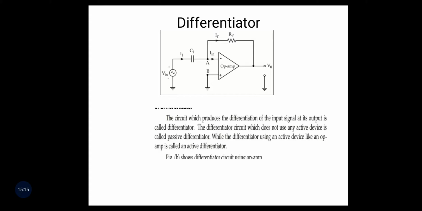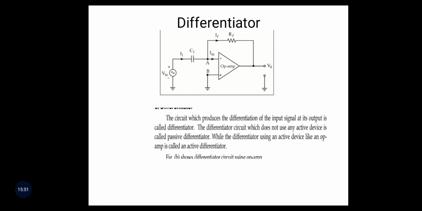In this circuit, the voltage is Vin and the current is I1. The capacitor C1 is connected at the input. The feedback resistor is connected, that is RF, and the current flowing across the feedback resistor is IF.